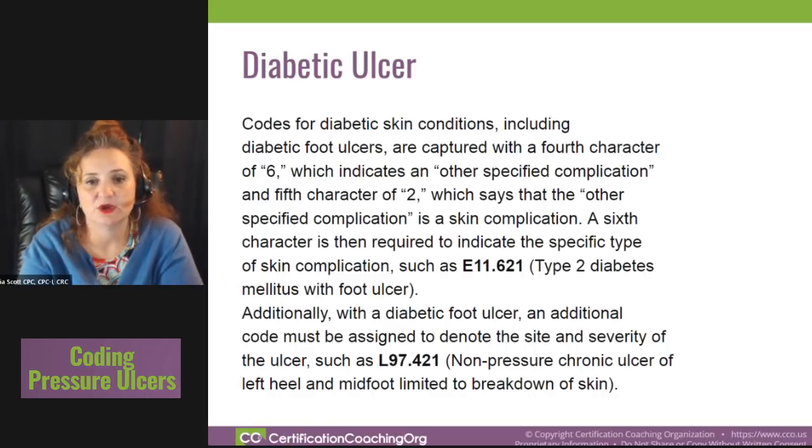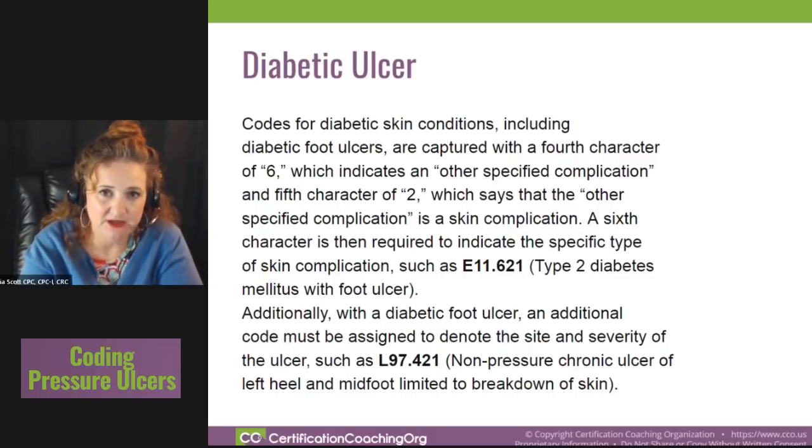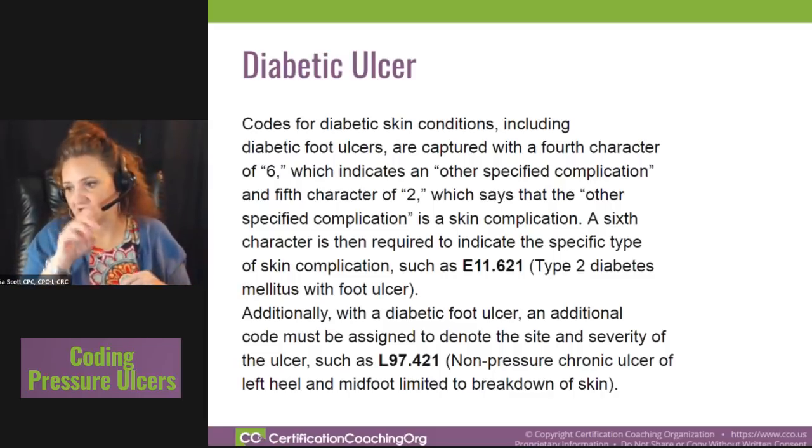But even if it ulcered, it would be a pressure ulcer, right? However, if I'm diabetic, it is not a pressure ulcer. It is now an E11.6, and it is a non-pressure ulcer. That ulcer wouldn't have developed if I wasn't diabetic. Okay, so you've got to think about the disease process and how that works.